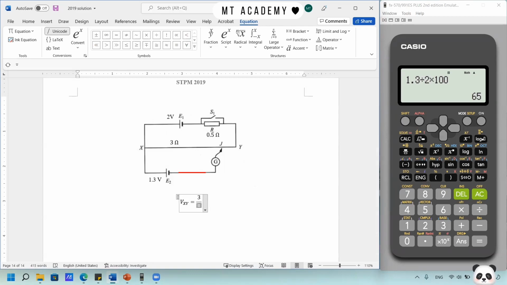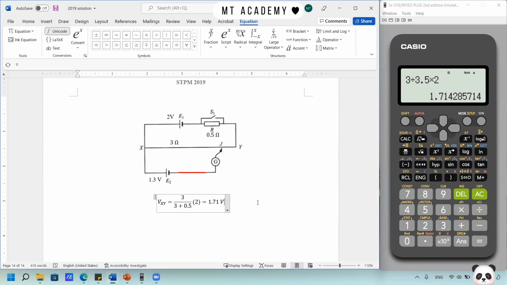So 3 ohm over the total resistance, 3 plus 0.5 ohm, multiplied by the applied voltage, 2 volt. So 3 over 3.5 times 2 gives us 1.71 volt.